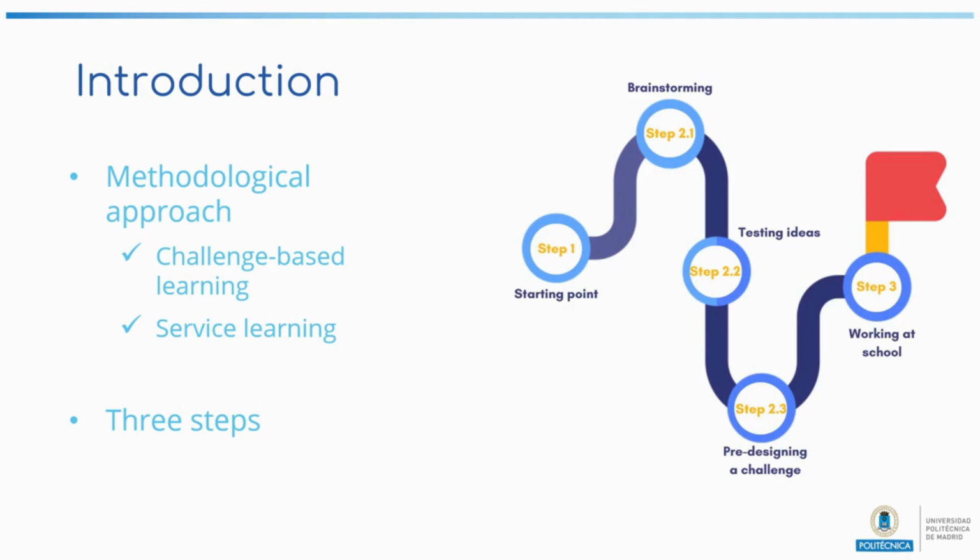We also want to express the natural connection of this proposal with the service learning approach. With this approach, the learnings that students make are at the same time useful for someone in their surrounding, so they are connected to them with a service purpose.